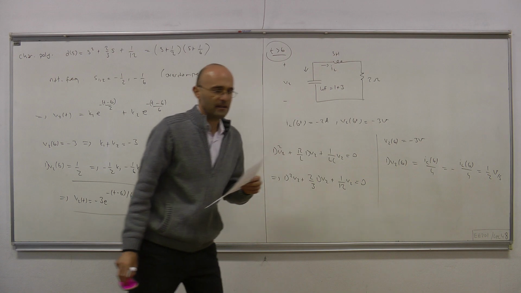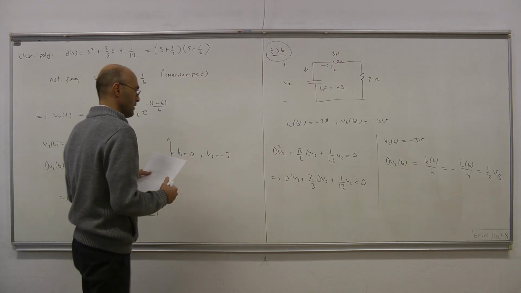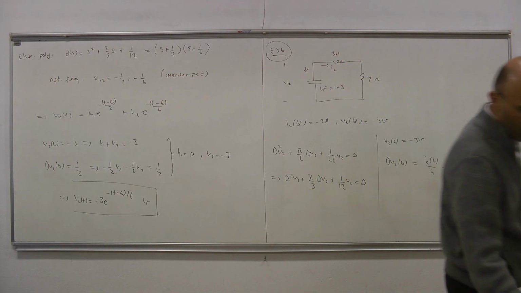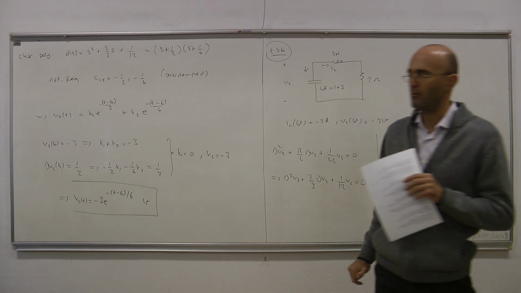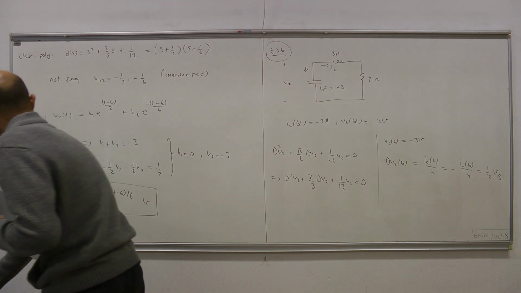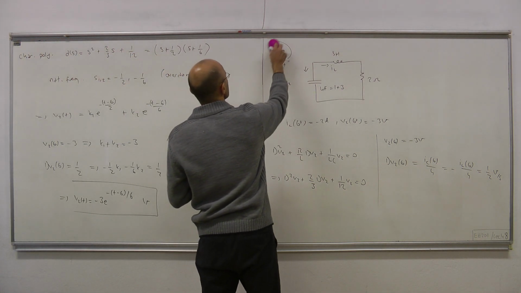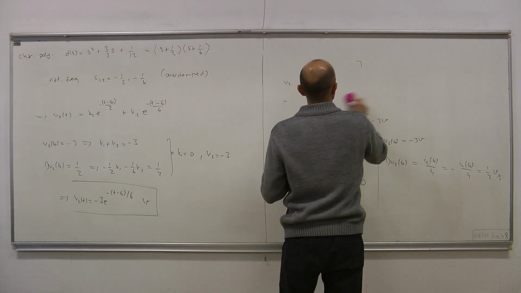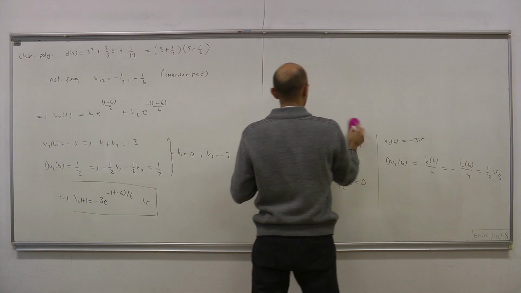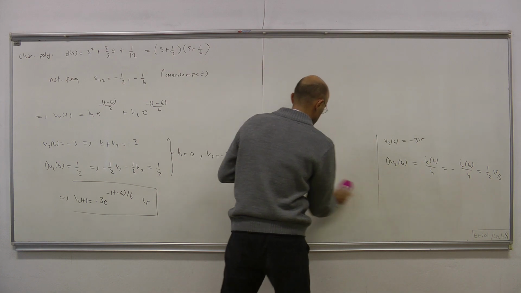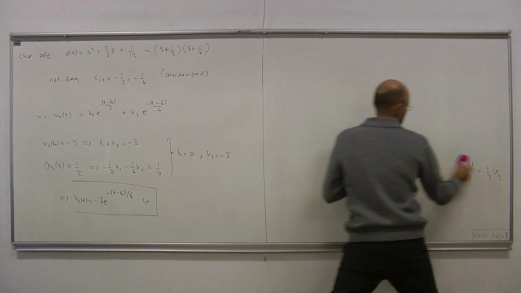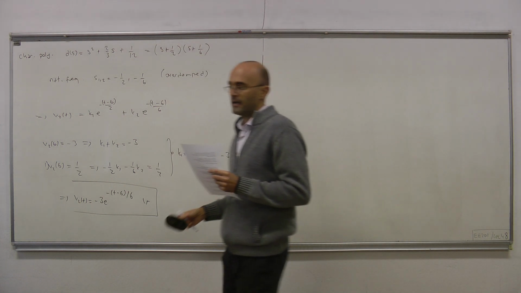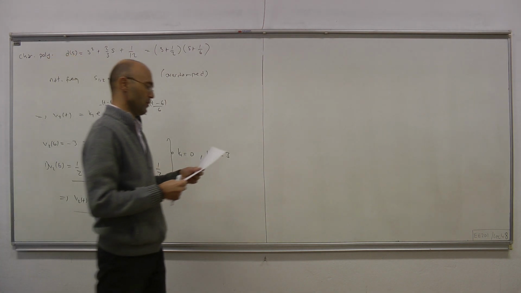And for t negative, we have what? We had minus 10e times e to the minus t over 6. Therefore, we can combine those two pieces and sketch the response. Okay, we'll get a better understanding of what's going on.